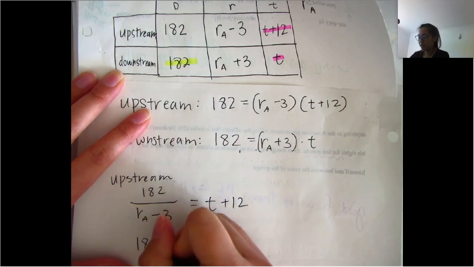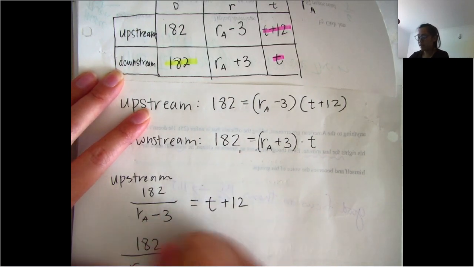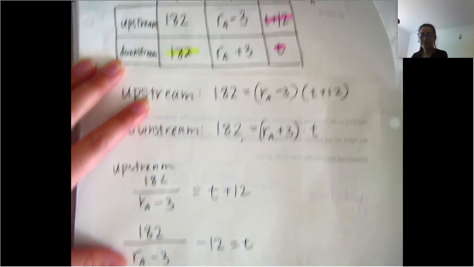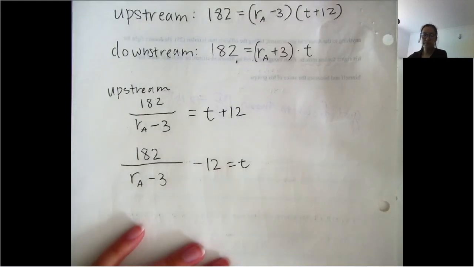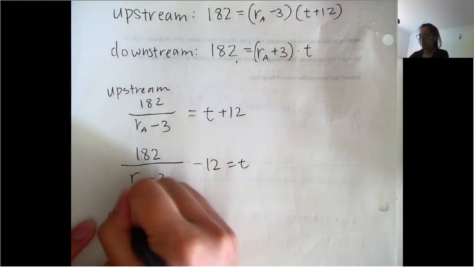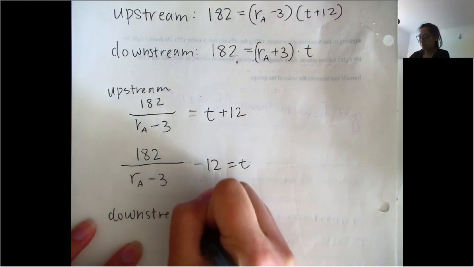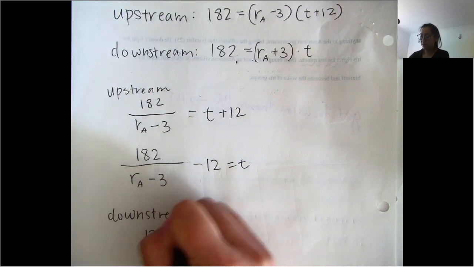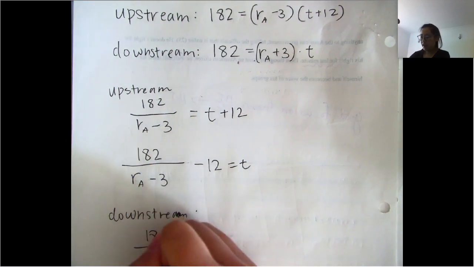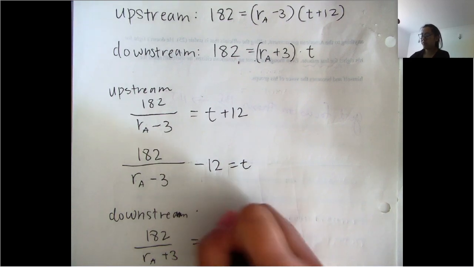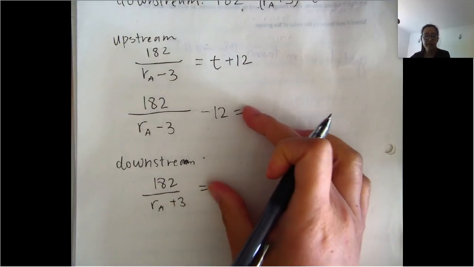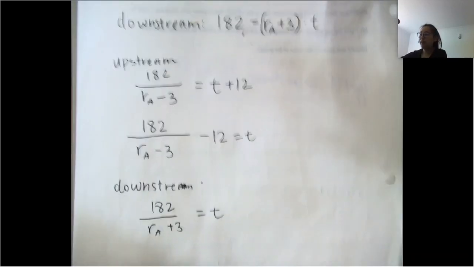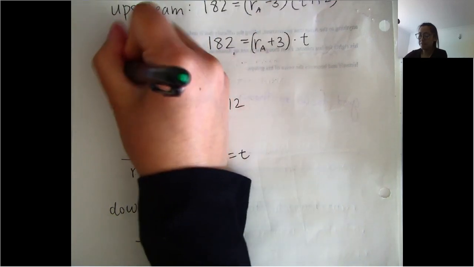So you have 182 divided by R sub A minus 3, minus 12, equals T. And then downstream, we have 182 divided by R sub A plus 3 equals T. So since both of these are equal to T, you can set them equal to each other. Just to go back real fast, what we did here was we solved for T.